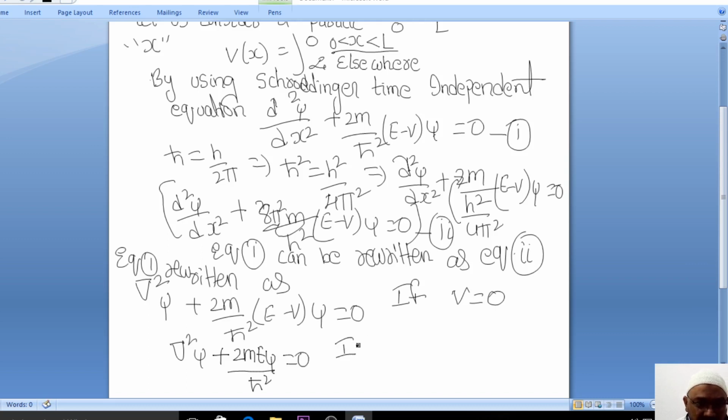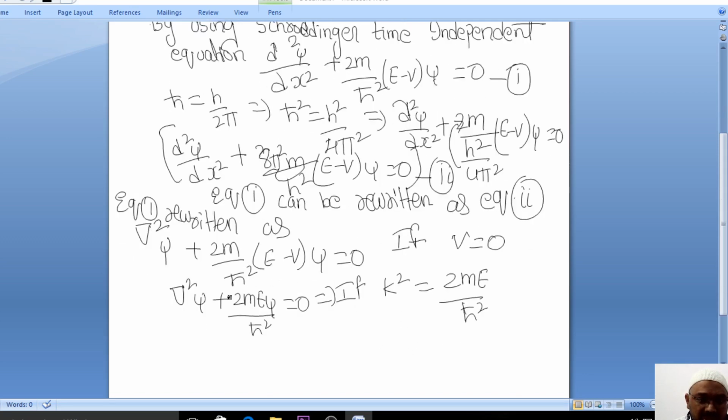Now let k square be equal to 2mE by h bar square. Instead of writing 2mE by h bar square, we are just replacing it with one parameter called k square, for simple calculation purpose. So this equation now becomes del square psi plus k square psi is equal to 0.